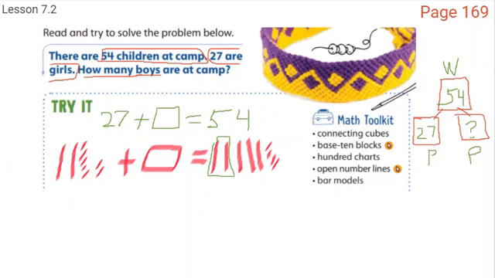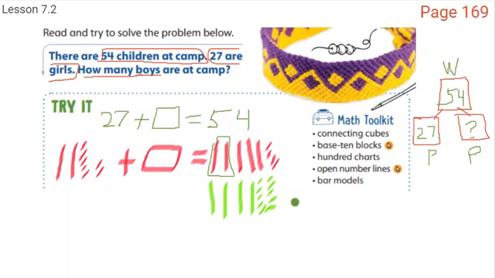So hold on a second. So I have 1 10, 2 10s, 3 10s, 4 10s, and there's that 5th 10, but I'm going to make it into ones. 1, 2, 3, 4, 5, 6, 7, 8, 9, 10.